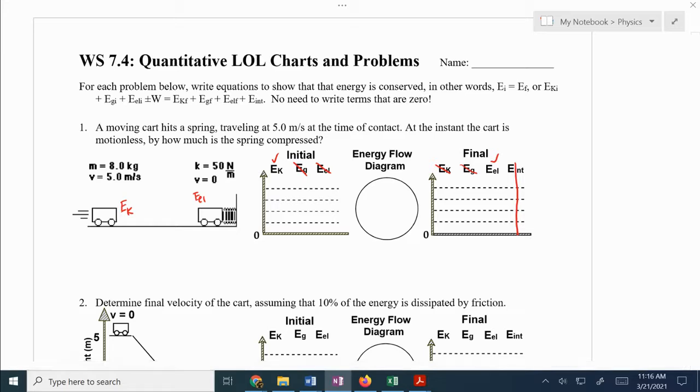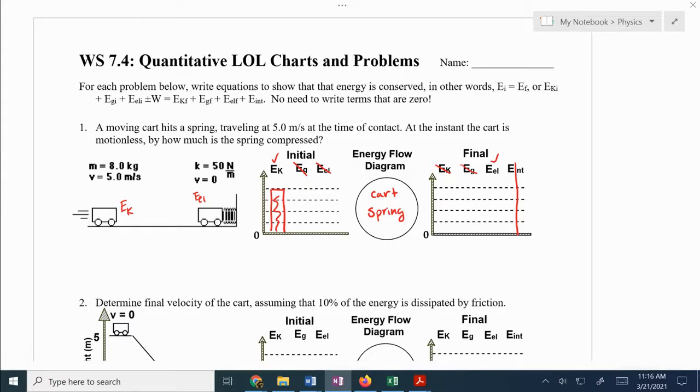Next step is to figure out what you should include in your system. There are two objects you might choose to include here. The first one would be the cart, so probably put that in there. The second one would be the spring. Those are the two objects involved in this situation. I'm going to start us off with 4 bars of kinetic energy. 4 is a nice number, it allows you to split it up later if you need to.